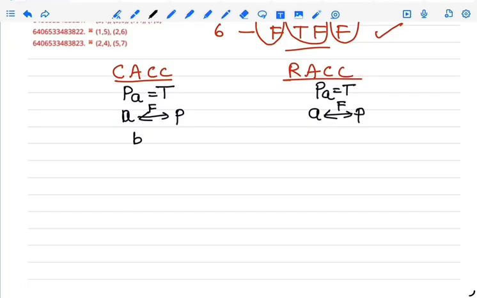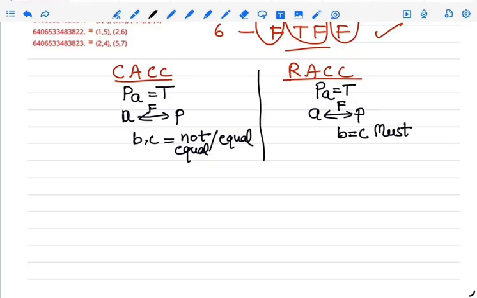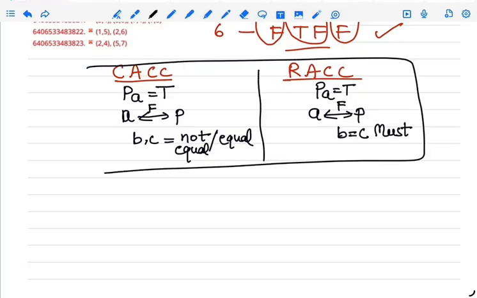B and C, identical means here B and C must be equal. Okay friends, only one difference between RACC and CACC.